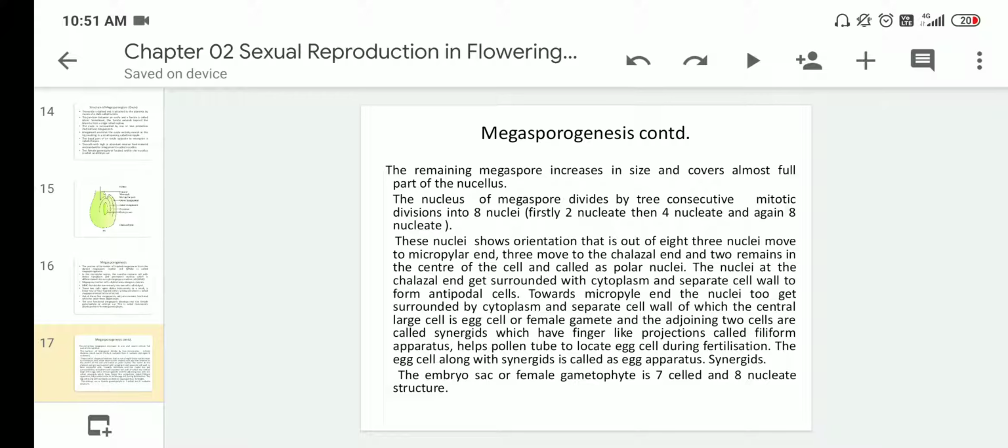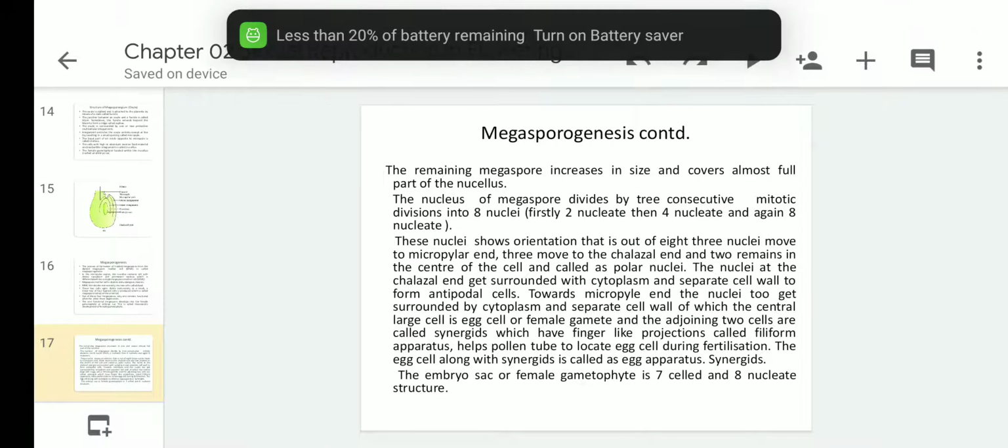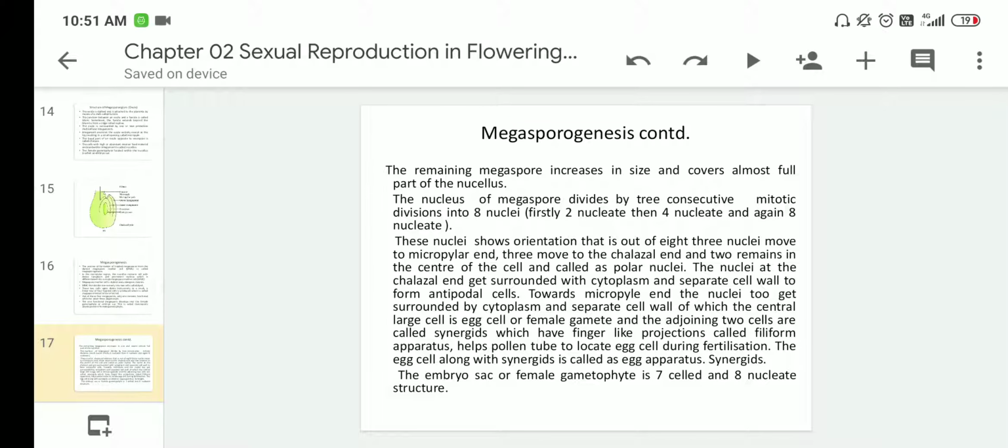The adjoining 2 cells are called synergids, which have finger-like projections called filiform apparatus within them. These filiform apparatus help the pollen tube to locate the egg cell during fertilization. The egg cell along with synergids is called the egg apparatus.